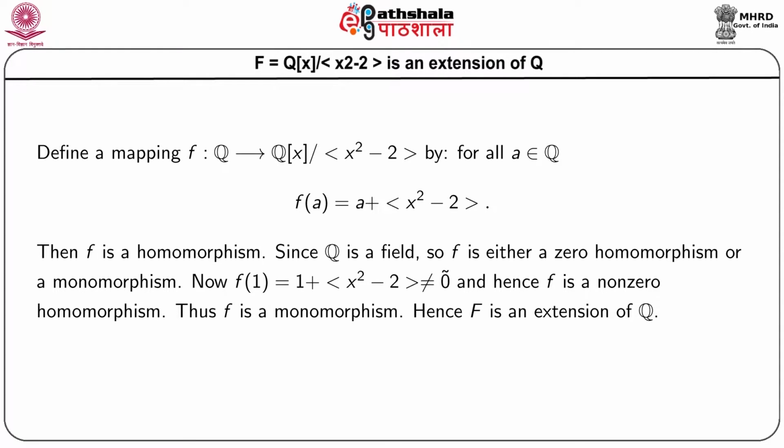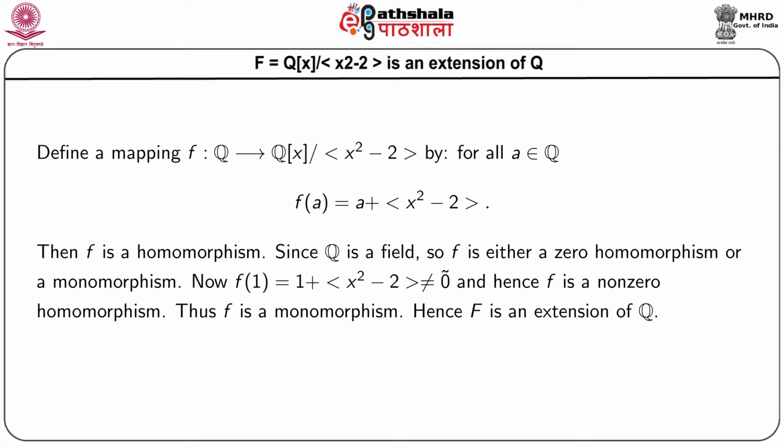Now, we check the one-to-oneness of f in a different way. Here we show that f is not a zero homomorphism, and hence it will follow that f is 1 to 1.